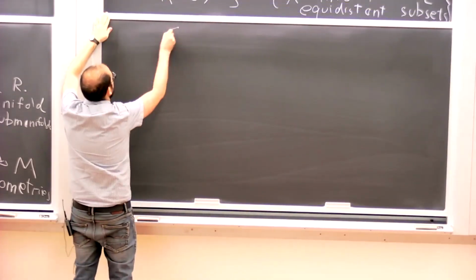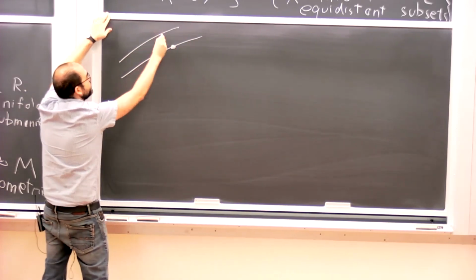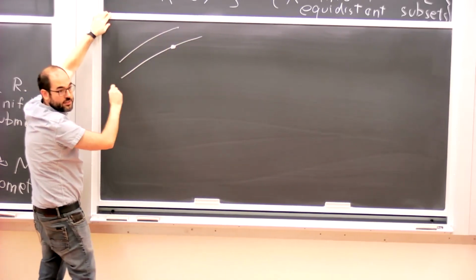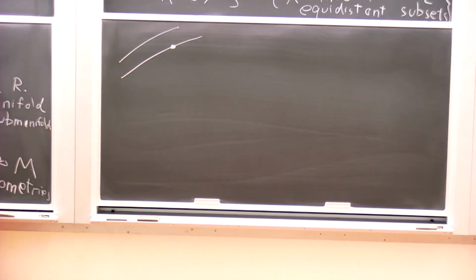Here's one of them, here's the other one. When the distance from one point here to the other set doesn't depend on which point you chose on the first set.